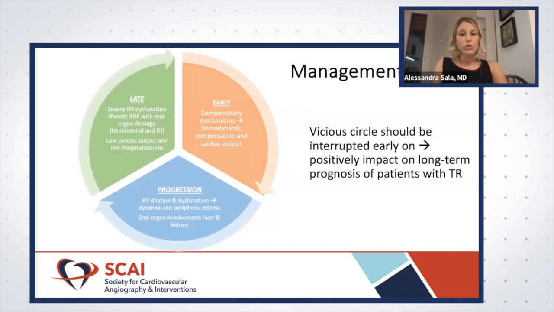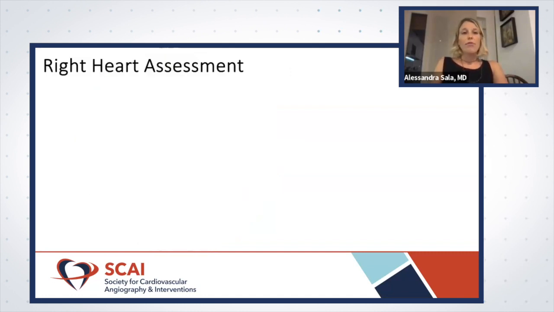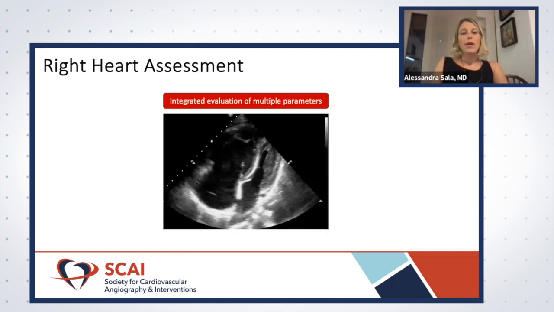Therefore, this vicious circle should be interrupted early on in order to positively impact on the prognosis of patients. Right heart assessment is of paramount importance in these categories of patients in order to stratify patients and provide the adequate treatment therapy for these patients.